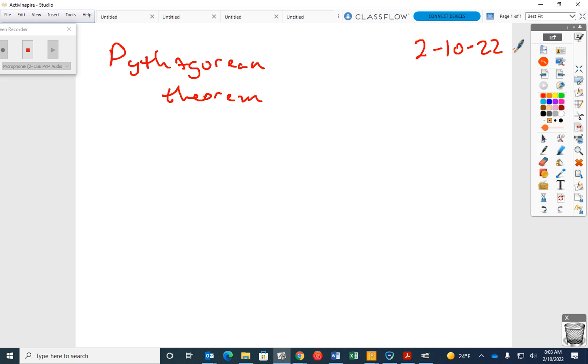Only used with right triangles. And does anybody know what the Pythagorean theorem is used for? Okay, the Pythagorean theorem is used to find missing sides of a triangle.